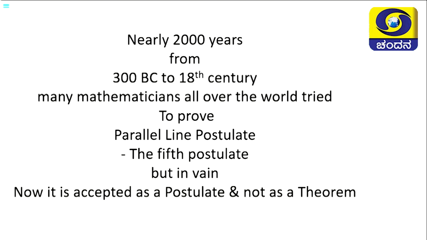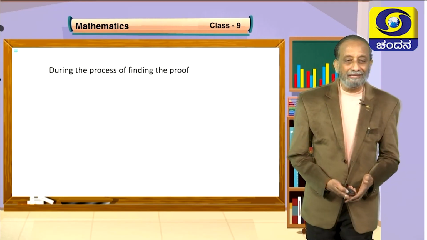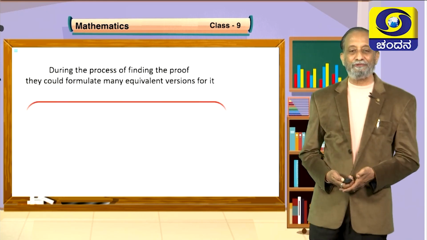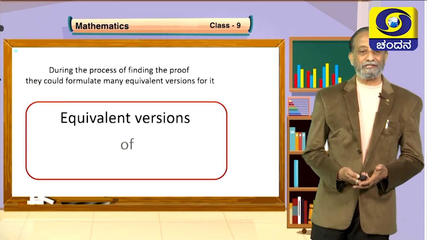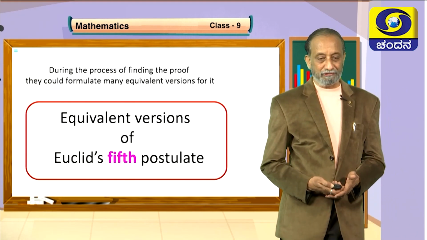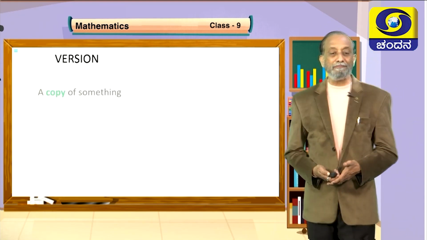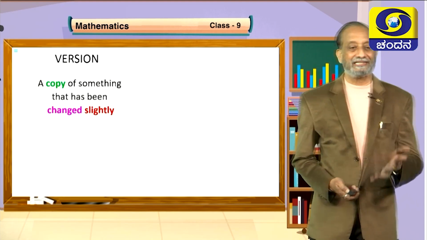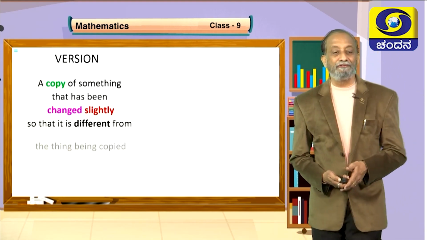Now it is accepted as a postulate and not as a theorem. During the process of finding the proof, they could formulate many equivalent versions of Euclid's fifth postulate. Version means a copy of something that has been changed slightly so that it is different from the thing being copied.